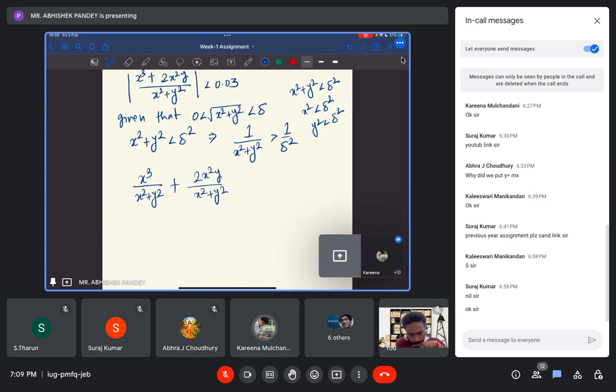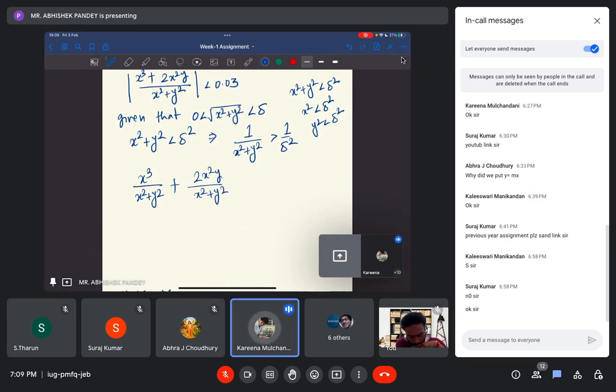Yeah, fine. And x cube can be written as modulus of x into x square in modulus format, so it will definitely be smaller than or equal to modulus x cube upon x square plus y square plus 2x square y upon x square plus y square. Yes, sir.